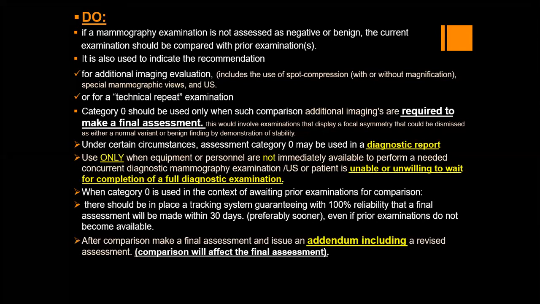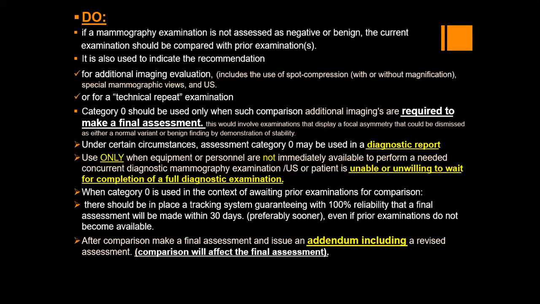What does it mean? If you put category 0 as the assessment, and after you review the previous images you find that the assessment will be 1, 2, or 3, then the final assessment will not be 0.